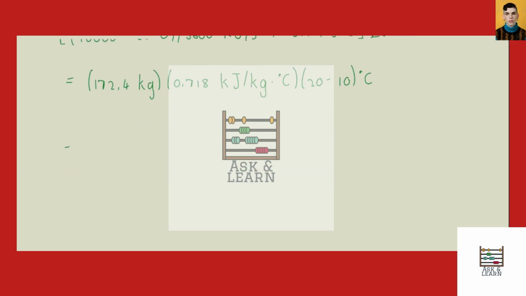And so if we rearrange this equation, we can find the time delta t. So we're calculating the time it takes for the air temperature to rise from 10 degrees Celsius to 20 degrees Celsius. And we get delta t to be 831 seconds.